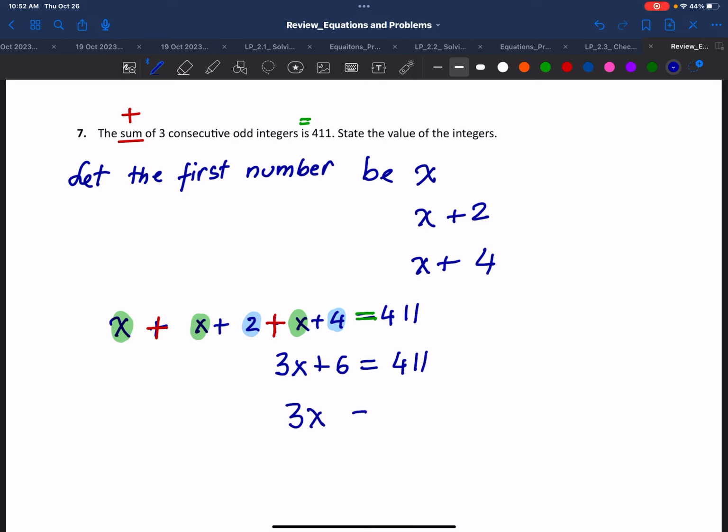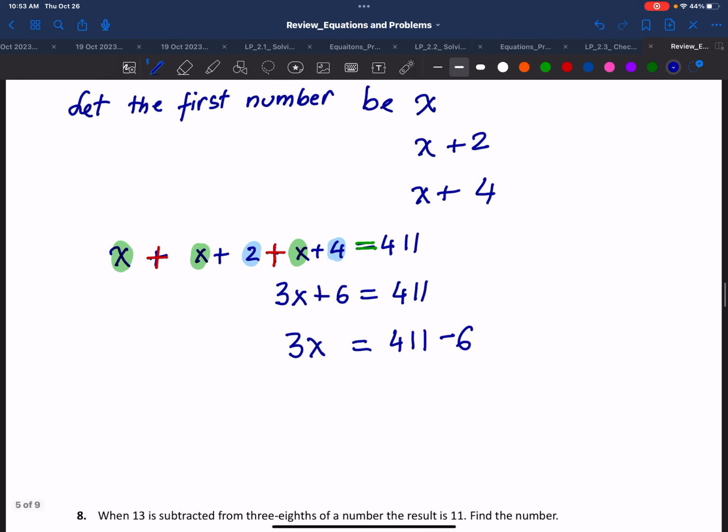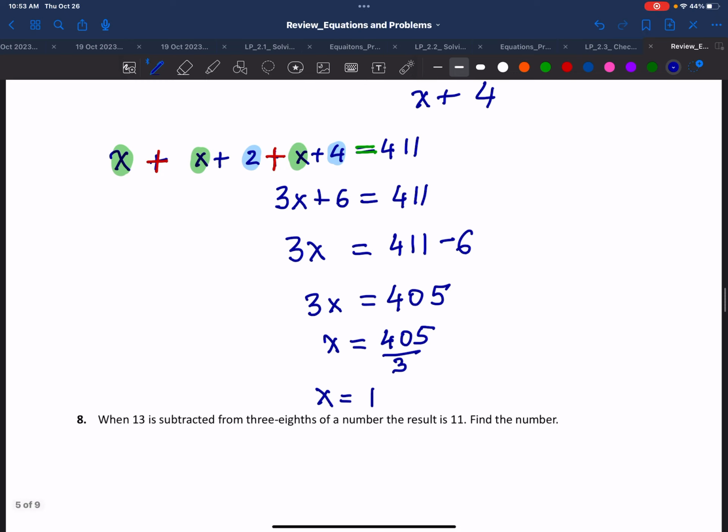Isolate the term that contains x, so 3x equals 411. Bring 6 to the other side, minus 6. 3x equals 411 minus 6 equals 405. Isolate x by dividing both sides by 3. And we discover that x equals, 3 goes into 4 once, 3, 135.